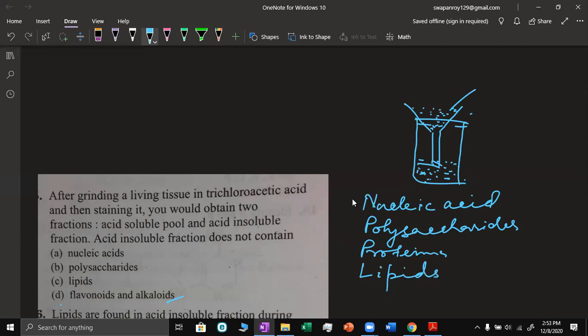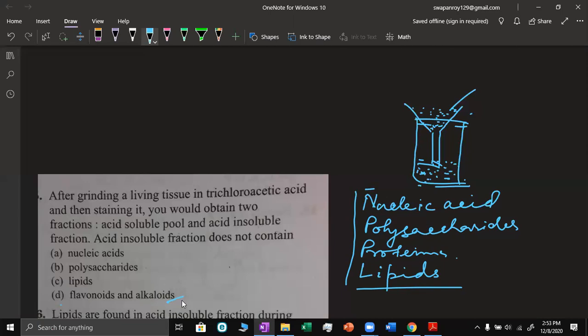These four types of molecules are found in the acid insoluble portion. Flavonoids and alkaloids are secondary metabolites, and their molecular weight is very low, less than 800 Dalton.